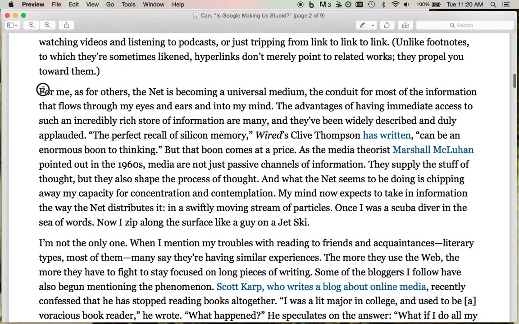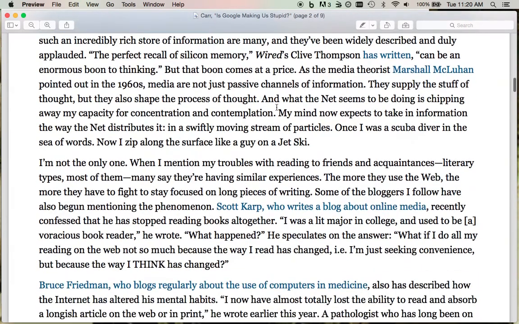And in the paragraphs that follow, as we continue to chunk up the essay, we can see that he's talking about his own anecdotal experience, though he's not only talking about his own experience. So he's saying, for me, as for others, the net's becoming a universal medium, the conduit for most of the information that flows through my eyes and ears and into my mind.